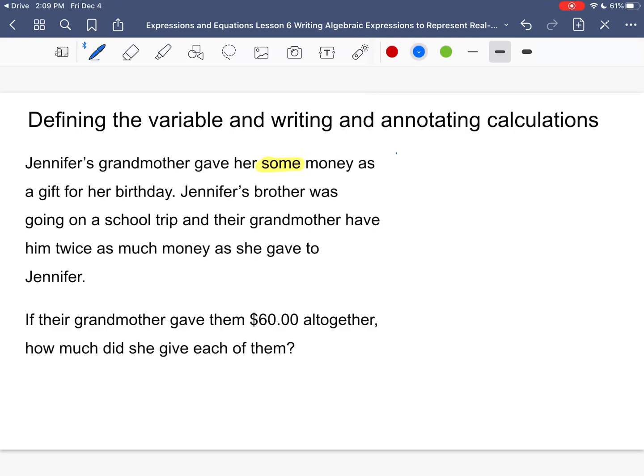So let's say let X represent Jennifer's gift or Jennifer's amount. And then her brother got twice as much, so 2x represents the brother's amount.